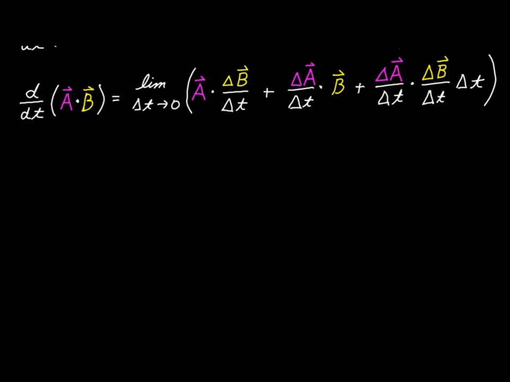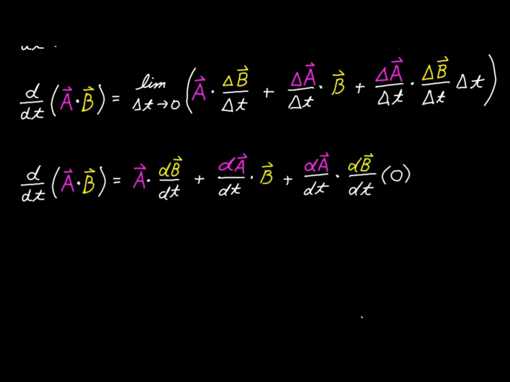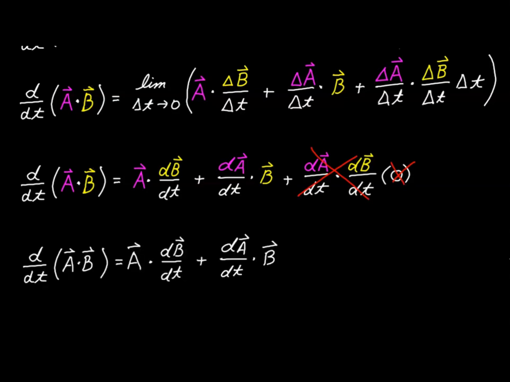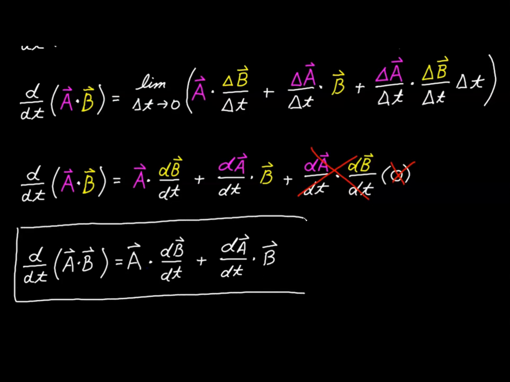So our final result comes down to looking like this, but as I say, this extra factor of 0 causes this entire term to drop out. And the final result is what we've been looking for, a formula for the derivative of the dot product. And of course you'll notice that it looks almost identical to the product rule for ordinary functions.